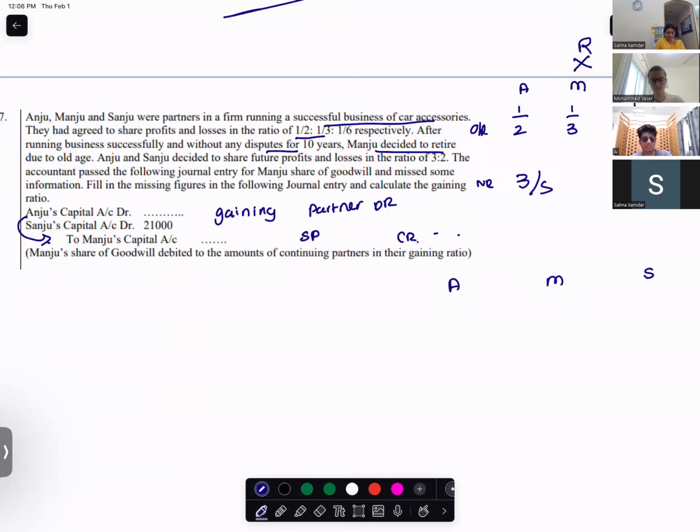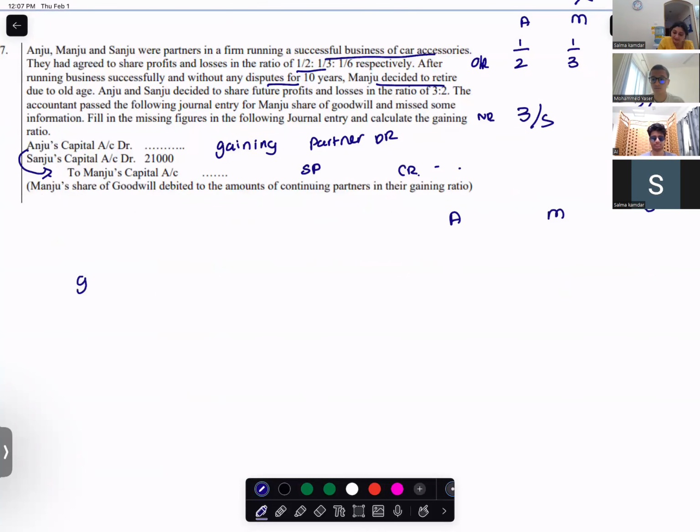Now tell me, we have to calculate the old ratio. Old ratio is 3/6, 2/6, and 1/6. And to calculate the gaining ratio, how do you get the gaining ratio? New share minus old share.